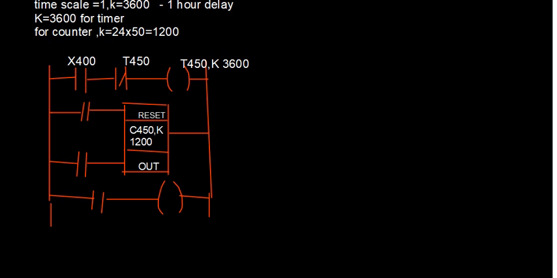Every time if you want to increment the counter, you know that you should have T450, and here you have C450, and here you have, let us say, Y430 or something like that.